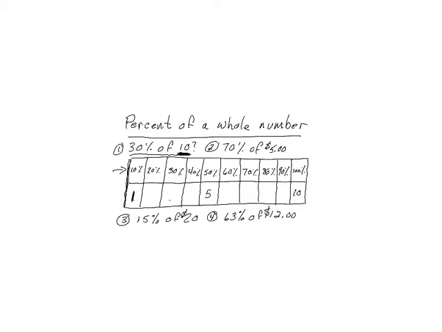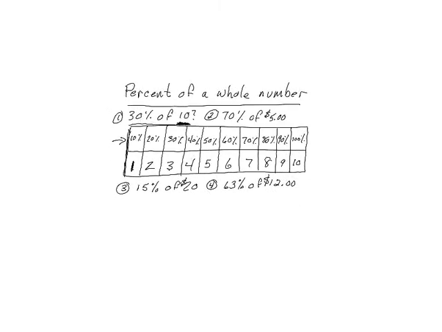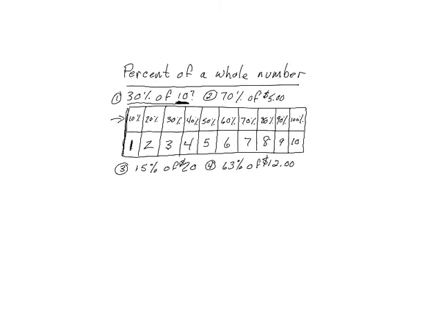So if that's correct, just fill in the numbers here: 2, 3, 4, 6, 7, 8, 9. All right, so I'm just going to move everything up a little bit.